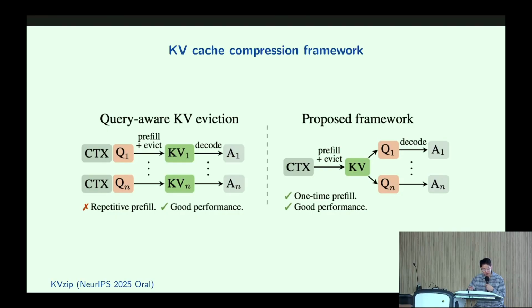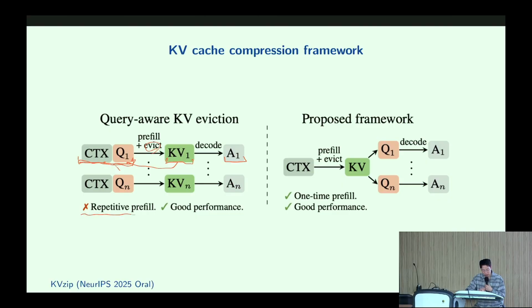So what are some existing techniques? Given some large context and a question, you prefill everything, including context and the question, and you do some form of KV cache eviction, and using that lightweight KV cache, specifically tuned for that question, you decode to answer. So what's the downside?